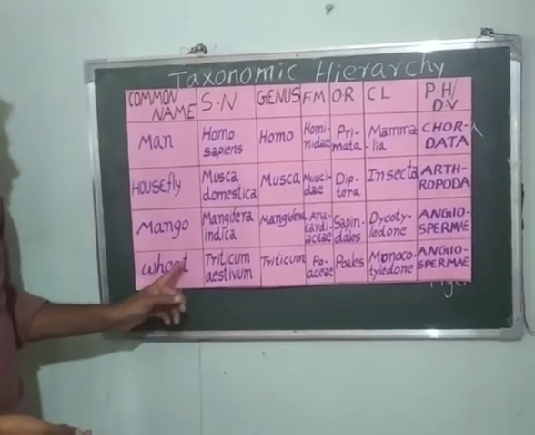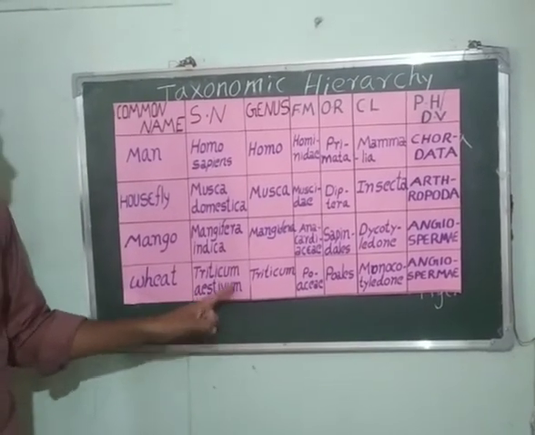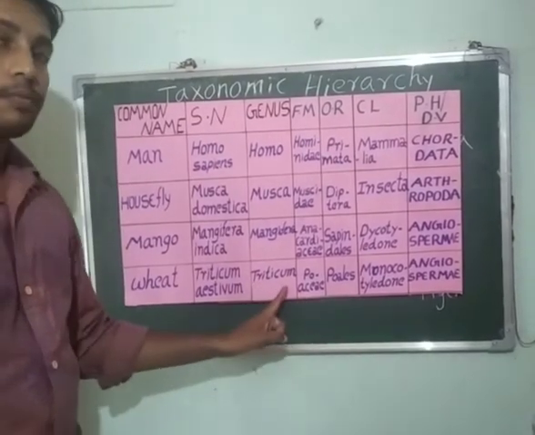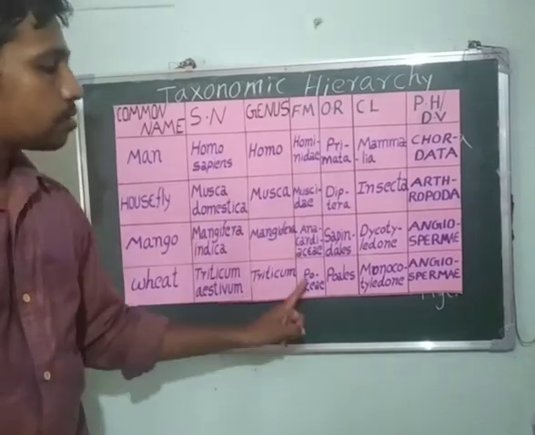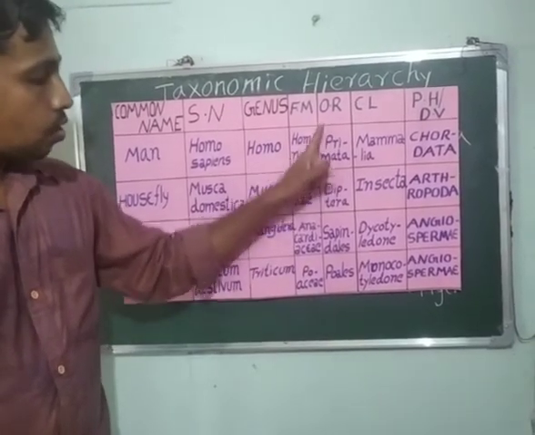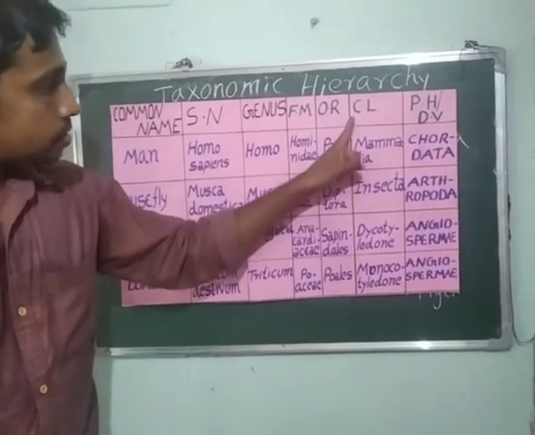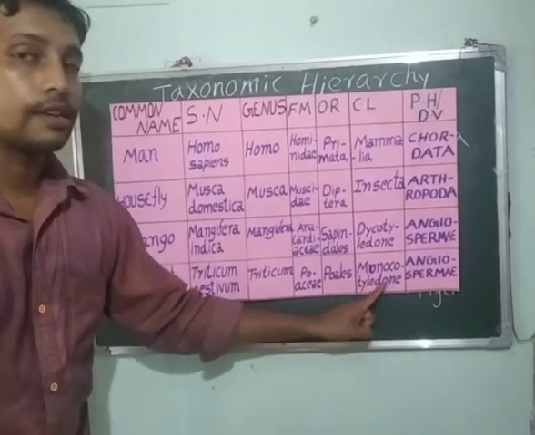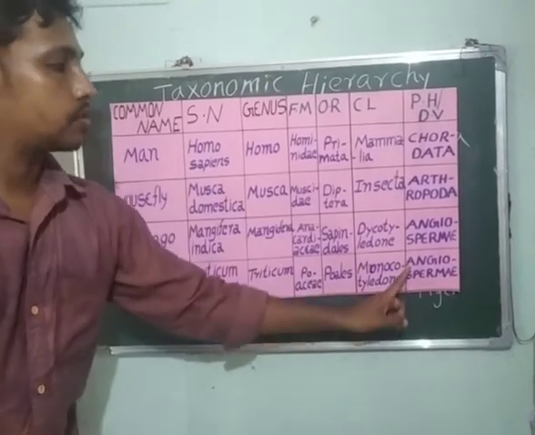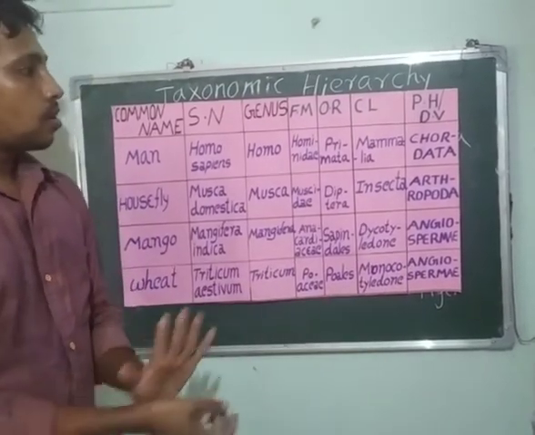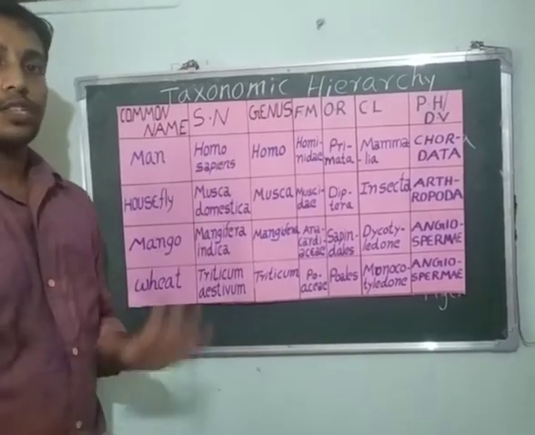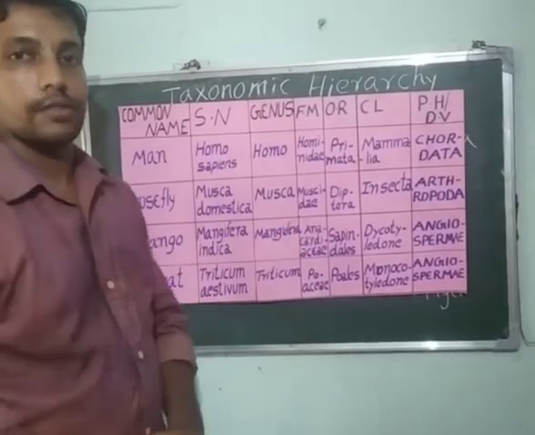Then wheat, Triticum aestivum, genus Triticum, family Poaceae, order Poales, class Monocotyledonae, and division Angiospermae. This is just a classification of some organisms.